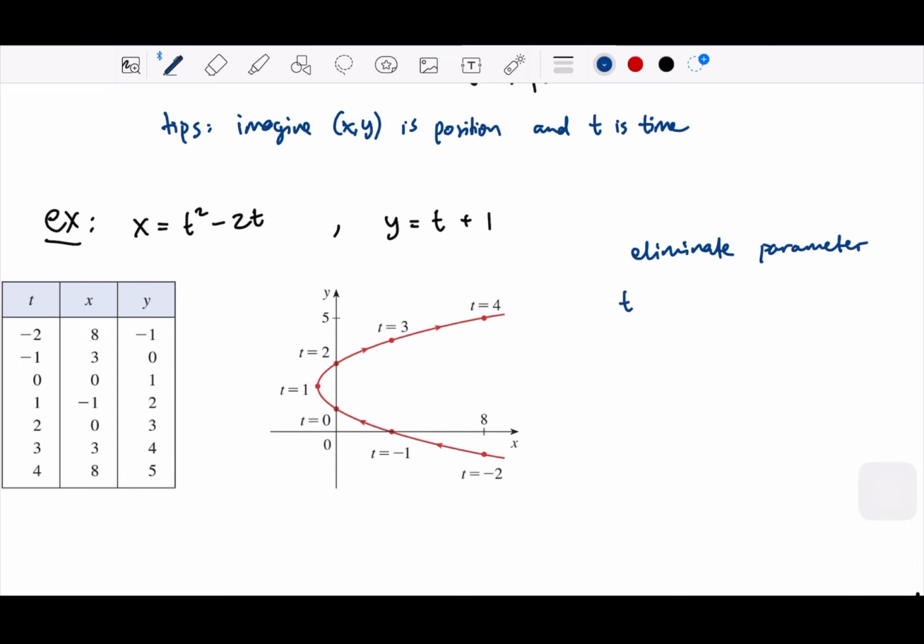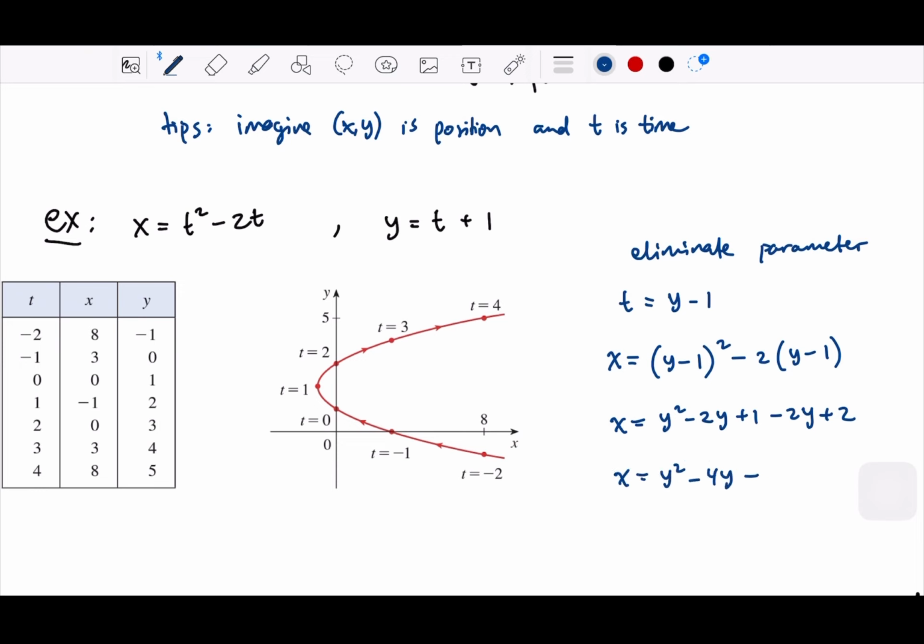So we know that t we can rewrite as y minus 1. And then from x we can substitute this t, so y minus 1 squared minus 2 times y minus 1. If we solve this, it will be y squared minus 4y plus 3.